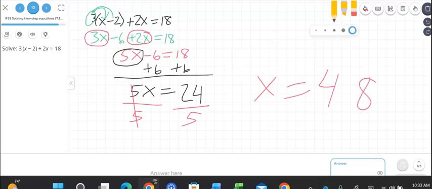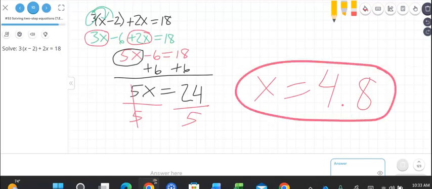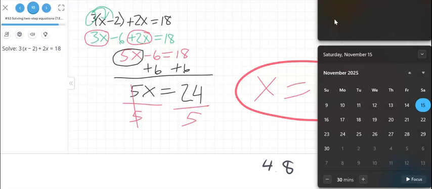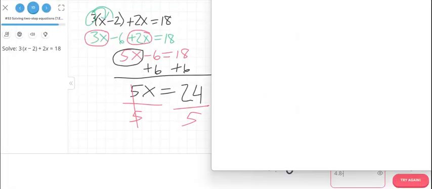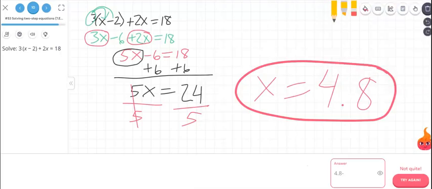So let me make my decimal point nice and big. So we get x equals 4.8. 4.8. There.